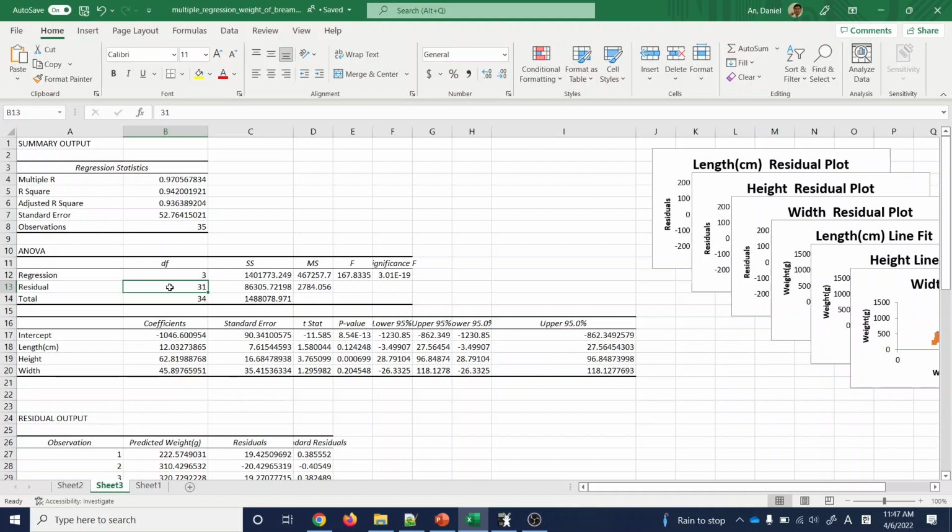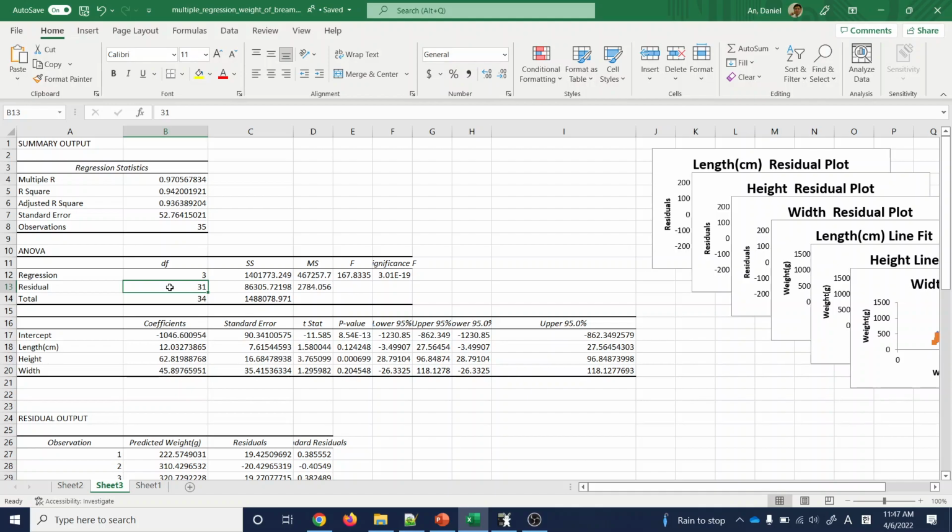A multilinear regression is actually just a single linear regression if you just have one predictor variable. Now who can tell me how you calculate the degrees of freedom of a simple linear regression?